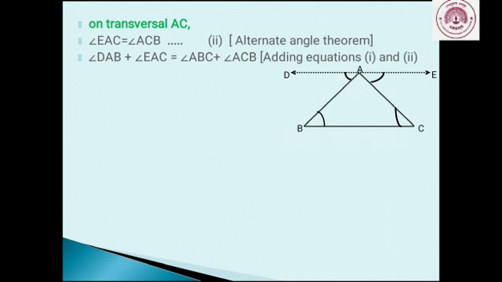While adding, we have to add the left hand side of equation 1 with the left hand side of equation 2, and the right hand side of equation 1 to the right hand side of equation 2. So we will get angle DAB plus angle EAC equals angle ABC plus angle ACB.